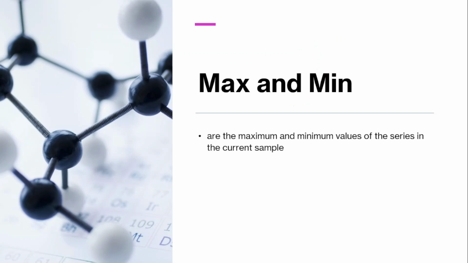Further, another descriptive statistical tool is the maximum and minimum values, where we try to find out which values are considered the highest values in the series and which particular value is the minimum in the data.